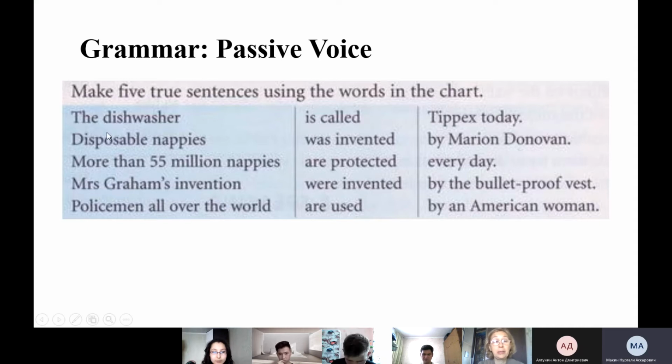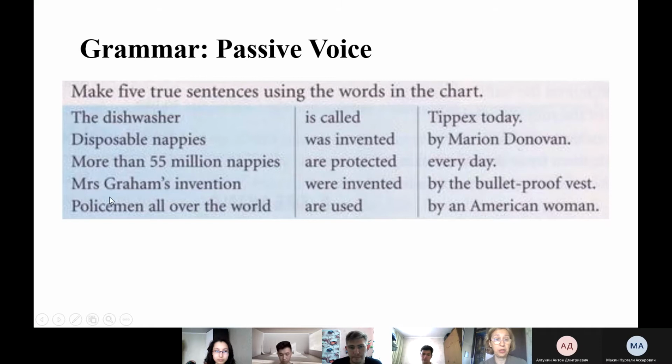Okay, so it's better in the previous sentence to use another phrase, disposable nappies. What is a different version? Как еще можно по-другому сказать, Родион? Были изобретены, да? Rodion, disposable nappies were invented. Were invented by Mary and Donald.